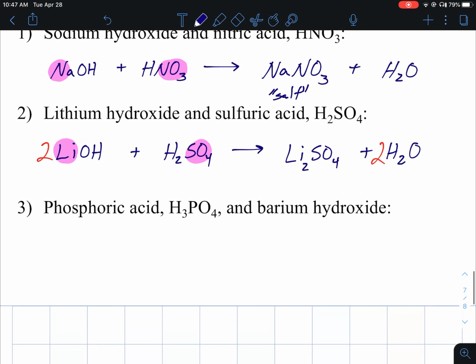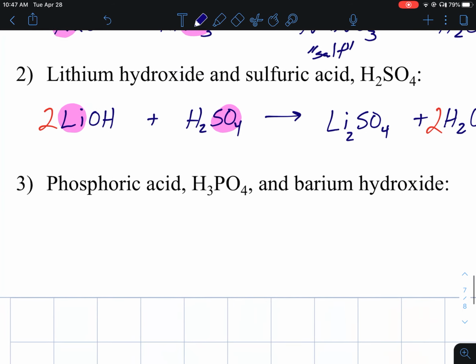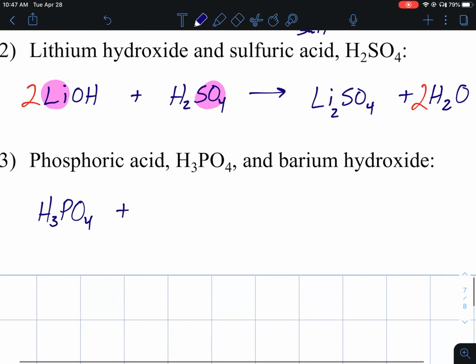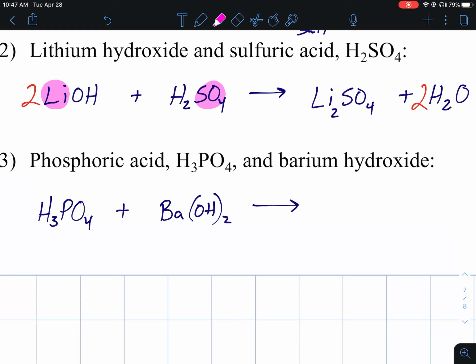Okay. Last example, phosphoric acid, H3PO4, reacts with barium hydroxide. Barium +2, hydroxide -1, so that's going to be Ba. Remember parentheses when you have a polyatomic ion. Those are going to react, and then it's always a good idea to identify what your metal is going to be.